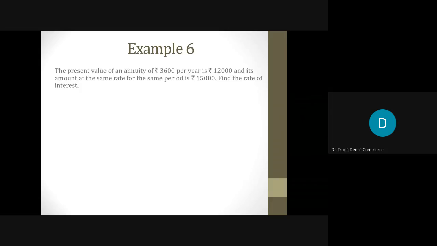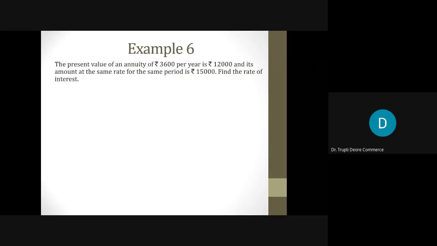Okay, those who have solved, write down the next sum. Okay, so let's take out what is given.